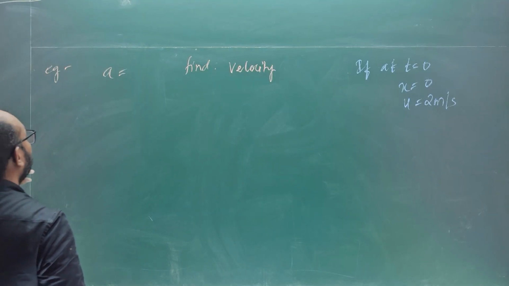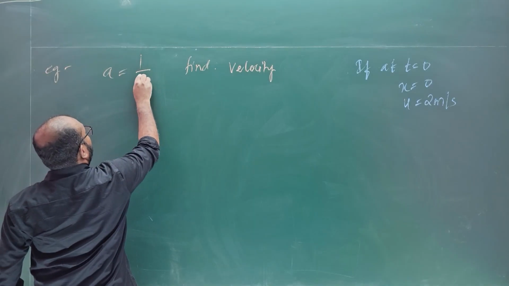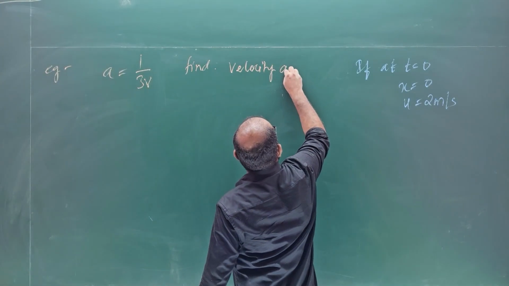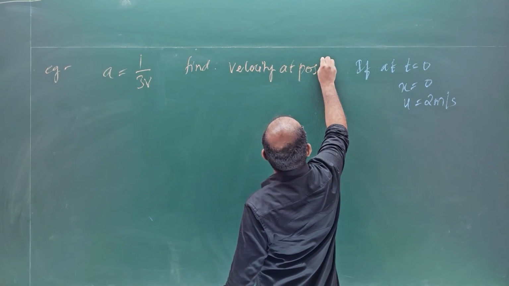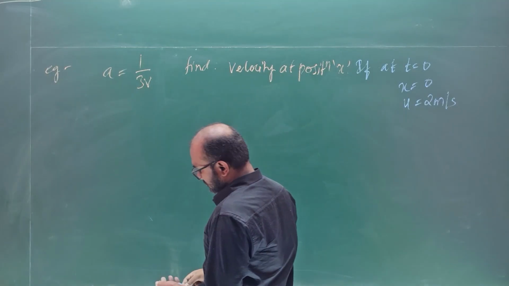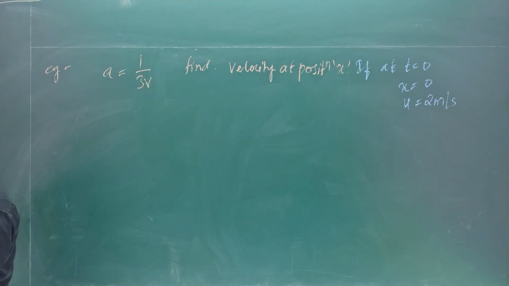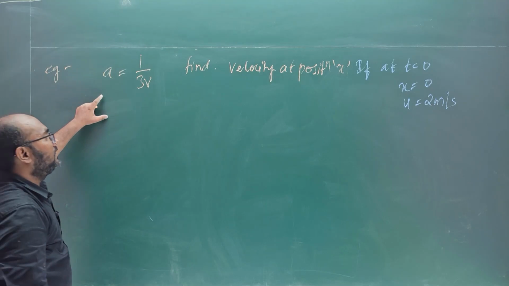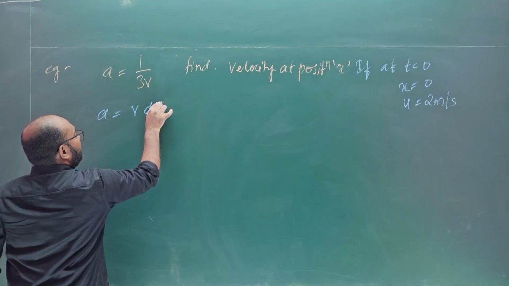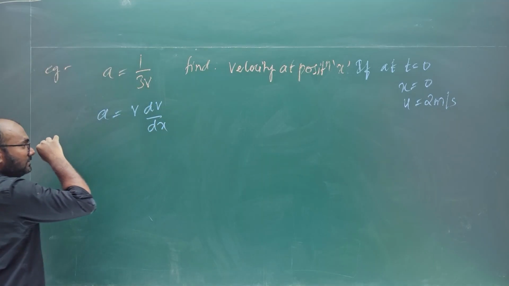Okay, shall I? a is given this time as 1 upon 3v, and find the velocity at position x. Question remains same. Now is v a function of x or v a function of t? v is a function of x. If v is a function of x, then this can be written as a is equal to v dv upon dx. Can I write like this?